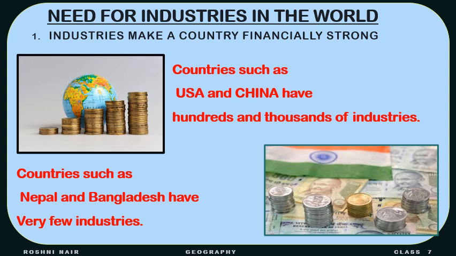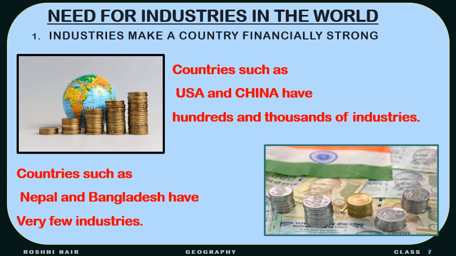So let us understand that in short. The larger the number of industries a country has, the stronger that country becomes. First point. Second, the countries such as USA and China are strong because of the hundreds and thousands of industries they have. Even India, we have many industries, but not as many as USA and China.